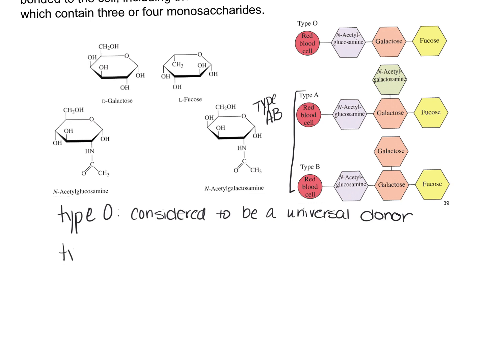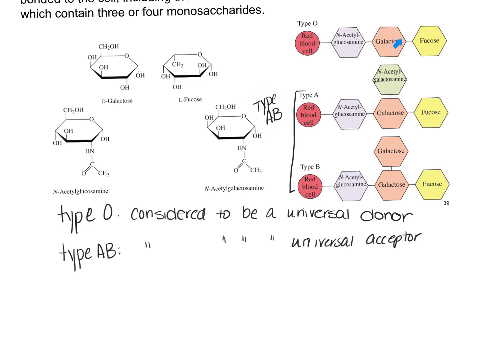Now, type AB is considered to be a universal acceptor because if you're type AB, you can accept blood from someone who's type O, type A, type B, or type AB.